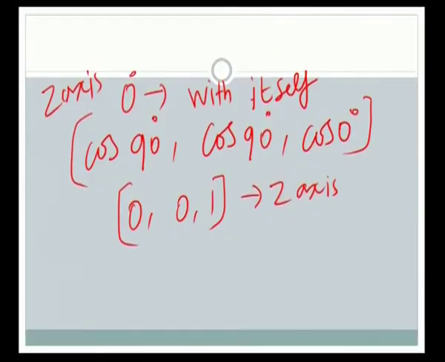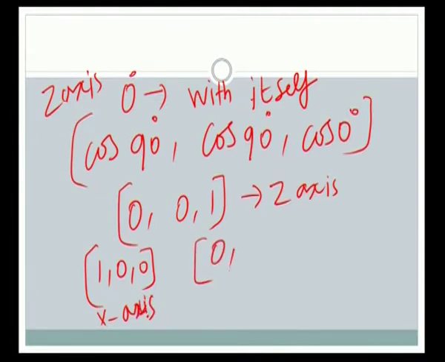Now, the directional cosines of all the coordinate axes are: 1, 0, 0 is the direction cosine of x axis. Then direction cosine of y axis is 0, 1, 0.